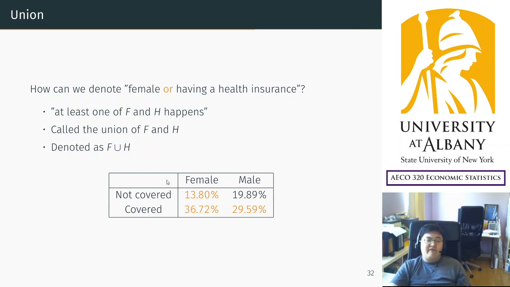First, F, female, includes these two outcomes, and health insurance includes these two outcomes, and their union includes all the outcomes that were included in either of them. So there are three outcomes included in the union. These colored outcomes are the outcomes included in the union. We defined a new event using two basic events.